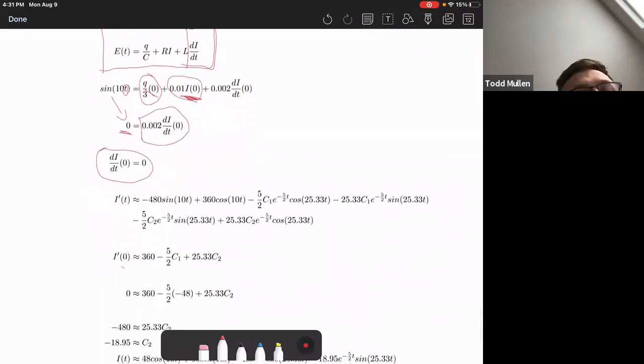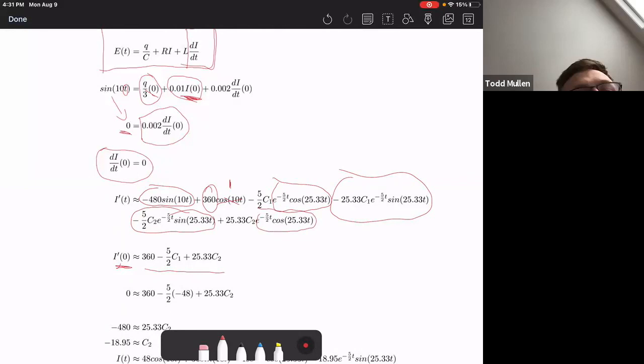So we're going to plug that in to the derivative. For this derivative, all the sines, when you plug in 0, they just disappear because you're just multiplying by 0. The coses, they all become 1. So we're left with 360 minus 5 over 2 C1 plus 25.33 C2.